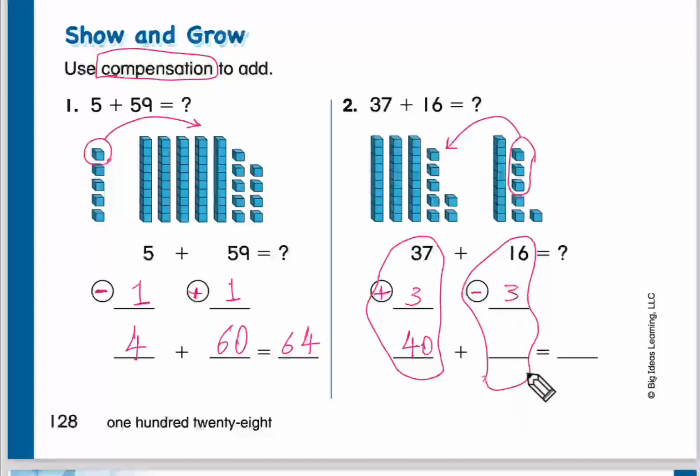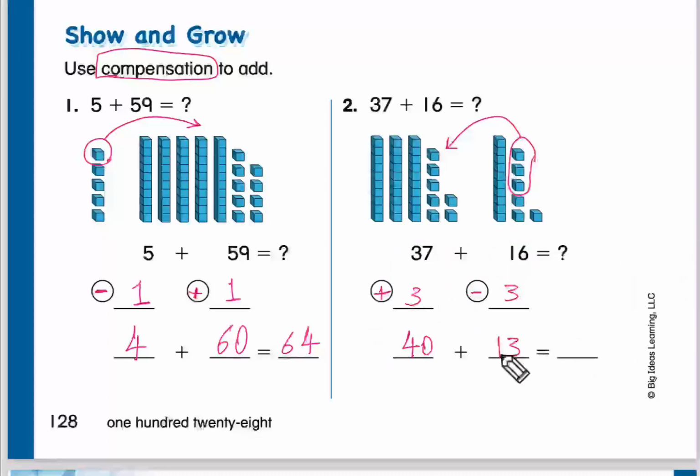16 minus 3. Just take the 3 here in the model. We have 10, 11, 12, 13.